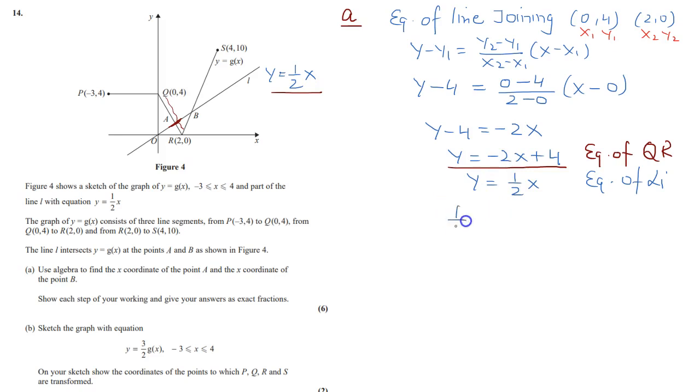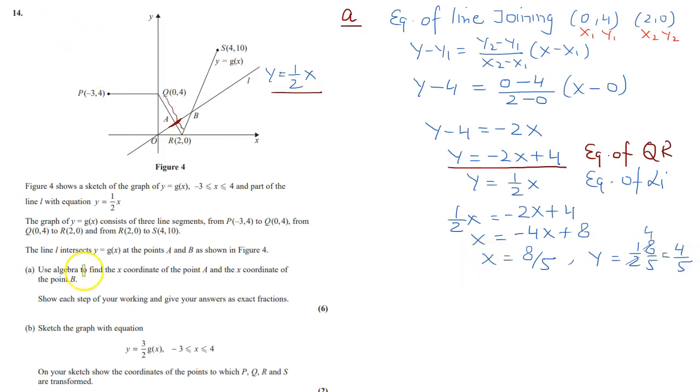So we have half x is equal to minus 2x plus 4. So x will be minus 4x plus 8, 5x is equal to 8. So x will be 8 over 5. And the y will be half of 8 over 5, that is 8 over 10, which can cancel by 2, so that is 4 over 5.